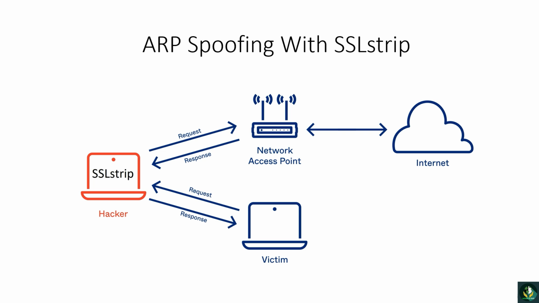They don't think bbc.com can communicate over HTTPS, because if it could, it would respond to the victim saying to communicate with me over HTTPS. Now this configuration is perfect because as a hacker we are able to read the requests and responses as plain text, and nobody knows that we are playing around with that connection.